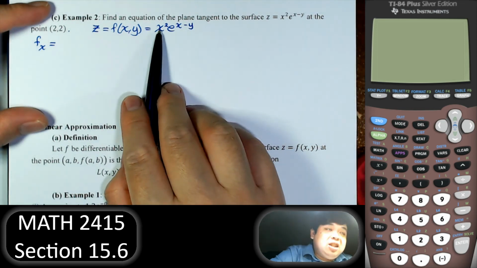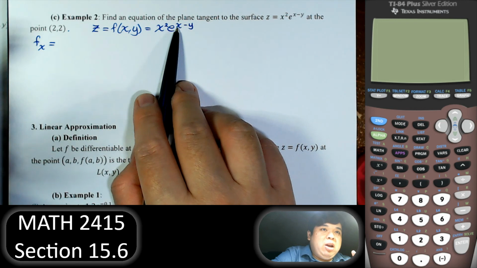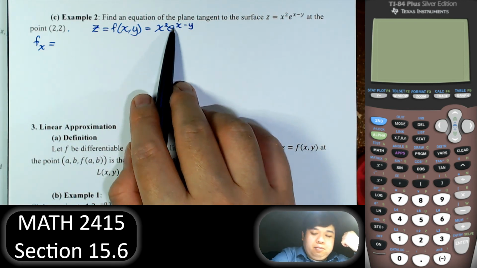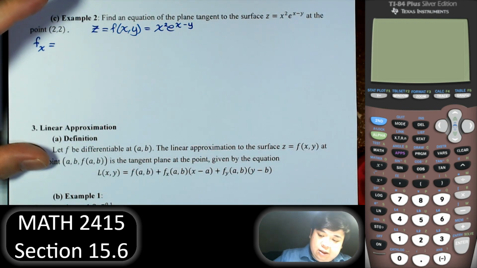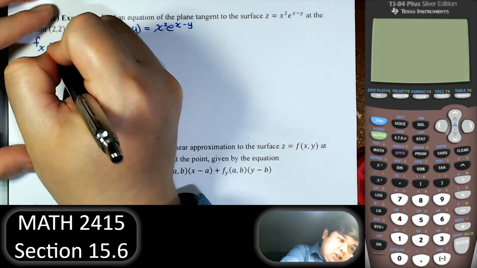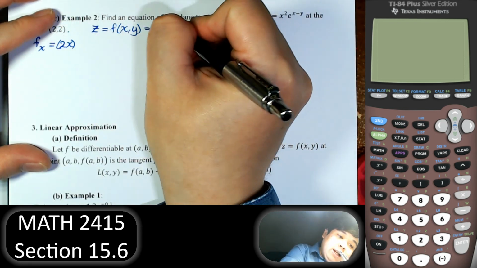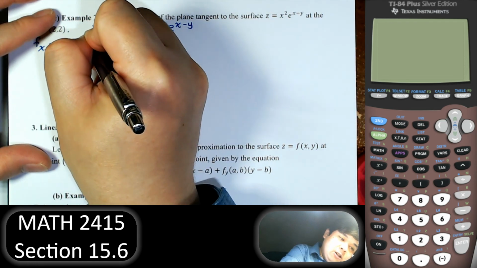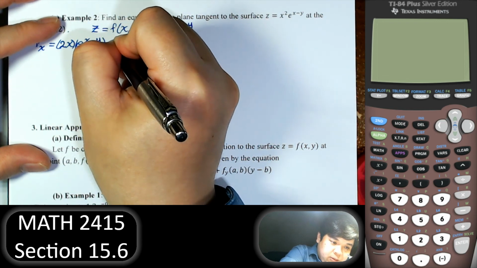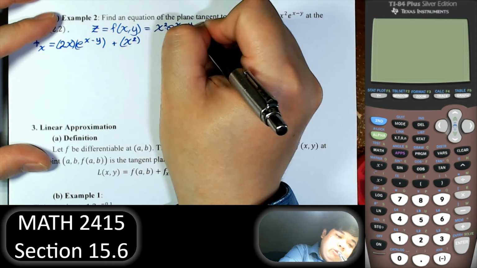Notice that we have x here in the x squared and x here in the exponent. So x shows up in two different places. So that means we have to use the product rule. So the product rule: derivative of the first one is 2x times the second function, plus the first function times derivative of the second.